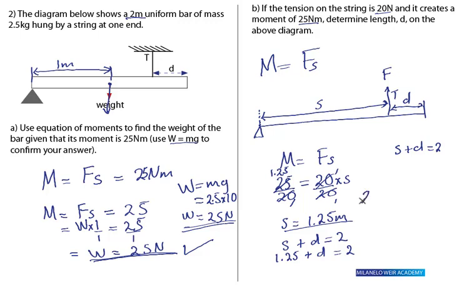And if we want to show that, we just do it this way: 2 minus 1.25 is equal to D. This is equal to 0.75. Right? So D is equal to 0.75 meters. So this is the answer.